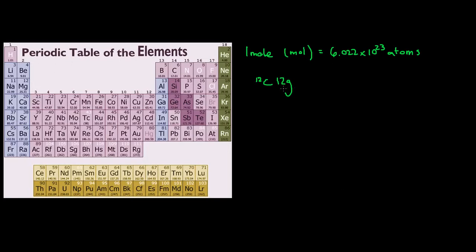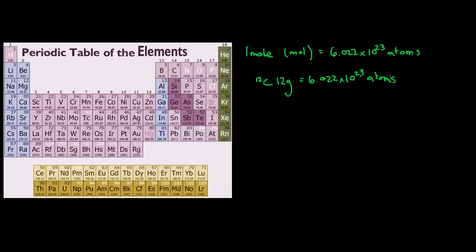And the reason they picked 12 grams of carbon-12 will become apparent in a second. It will make a lot of sense. So they found that in 12 grams of carbon-12, there are 6.022 times 10 to the 23rd atoms. That's where this number comes from.